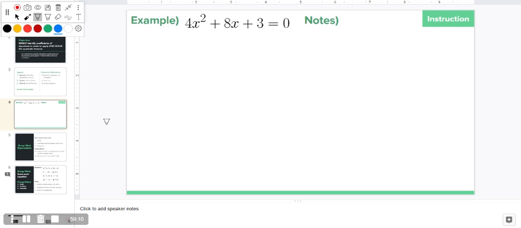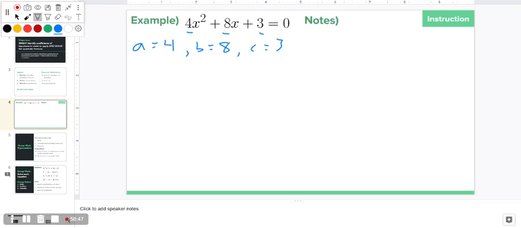So our A coefficient, B coefficient, and C, they're the numbers that line up with our different terms. So in this case, A is equal to 4, B is equal to 8, and C is equal to 3. So that's identifying the coefficients. That's pretty easy so far.